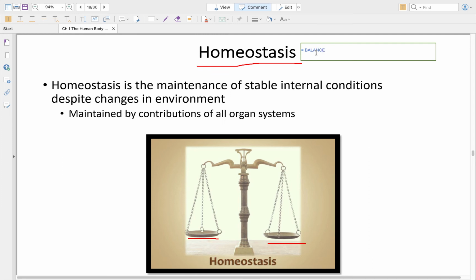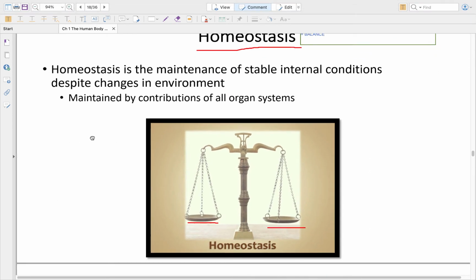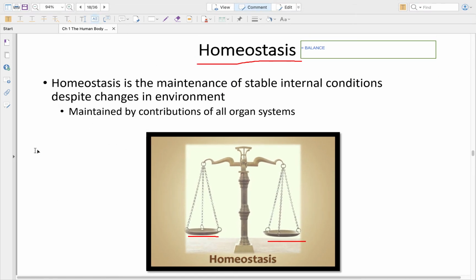It means balance. Balance of what? Inside of your body, all of your organs and your organ systems have to be perfect all the time, meaning you can't be too hot, you can't be too cold, your blood pH can't be off. I'll actually make a little list. Homeostasis is going to control your blood pressure.